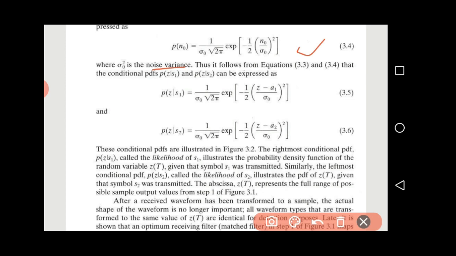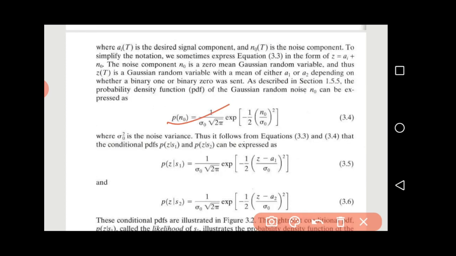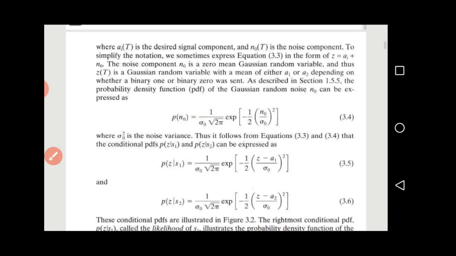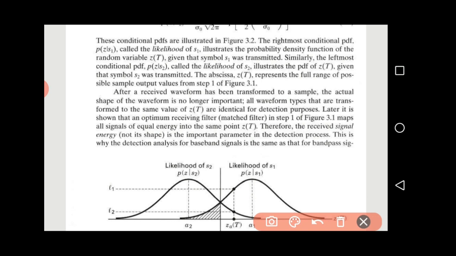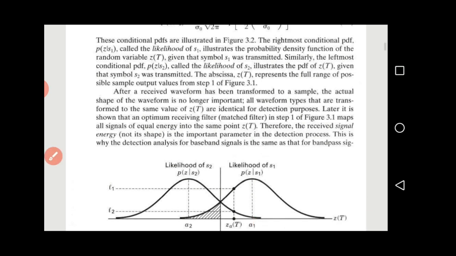Thus it follows from these equations that the conditional PDFs p(z|s_1) and p(z|s_2) can be expressed as p(z|s_1) = 1/(sigma_0 sqrt(2 pi)) exp(-1/2 ((z - a_1)/sigma_0)^2), and p(z|s_2) = 1/(sigma_0 sqrt(2 pi)) exp(-1/2 ((z - a_2)/sigma_0)^2). These conditional PDFs are shown below.